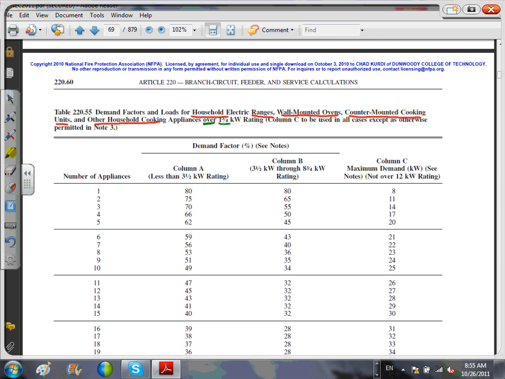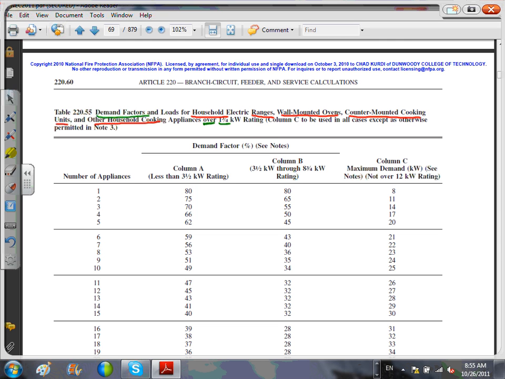So that's basically it. And it's a demand factor. Any question, guys, about what the table is all about? First, it has to be over 1 3/4 kW to apply, and it has to be a household range or oven or counter cooking unit for residential. So cool. Up to this point, we know what the parameters are.